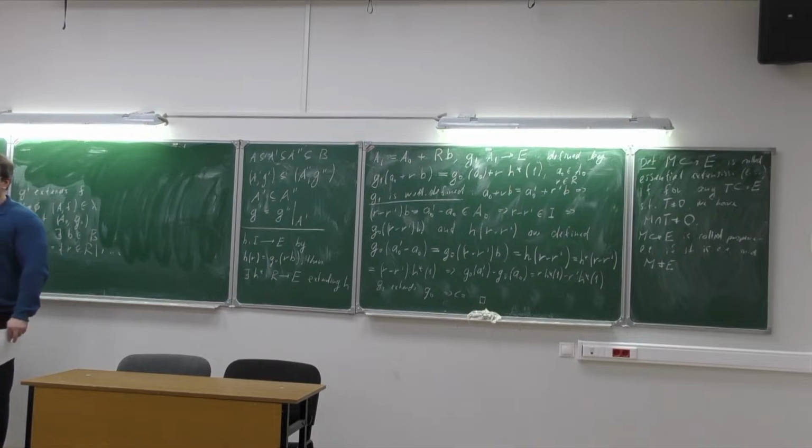So just to exclude trivial cases. Of course, the identity map is always an essential extension. We don't want to consider them as interesting examples.